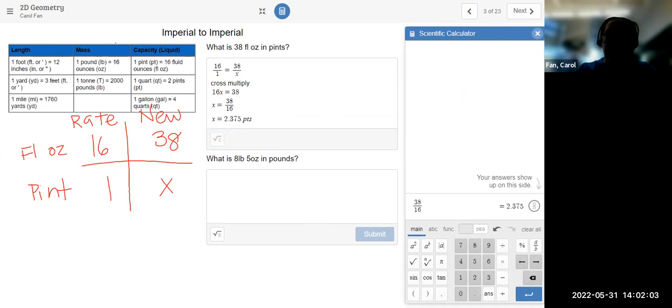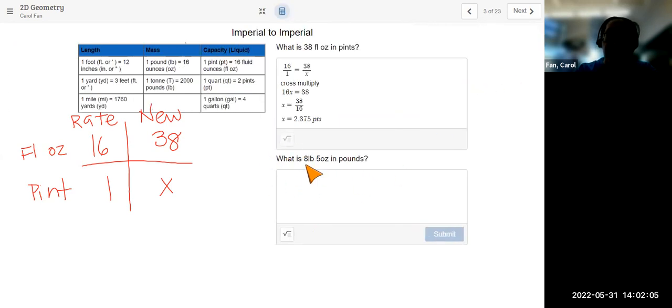Okay, sometimes we're given something like this. What's 8 pounds 5 ounces in pounds? Well, the trouble is we have half of it already in pounds, but we need to convert 5 ounces into pounds as well.